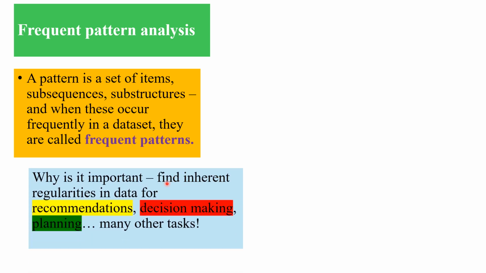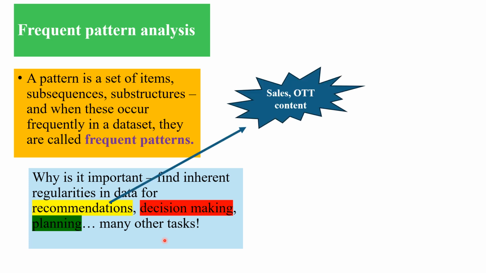Because if you can find these regularities in data, these can be used for recommendations, for decision making, for planning, and many others. Recommendations like sales recommendations, or you can recommend OTT content based on what somebody has watched or seen from their past viewing behavior, a certain kind of movies or TV shows they like.